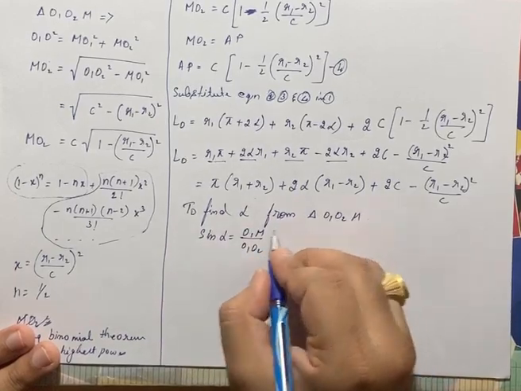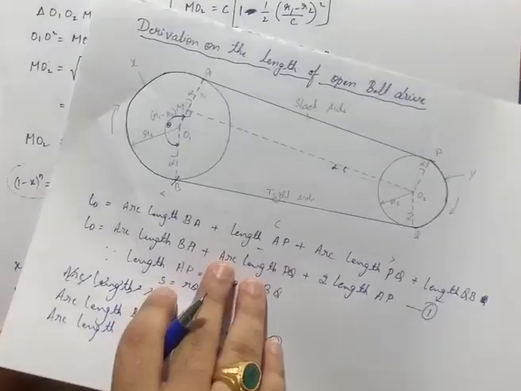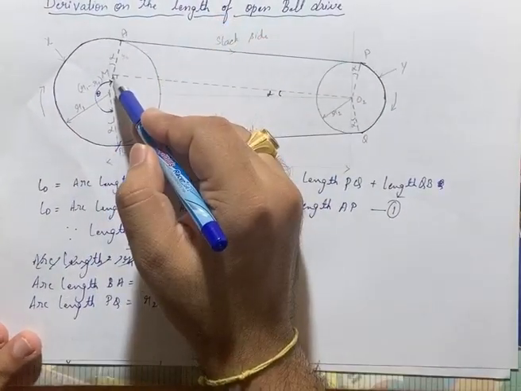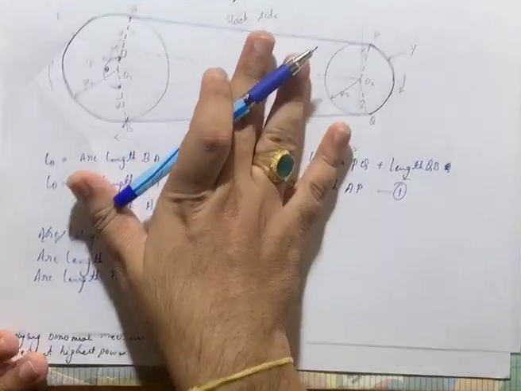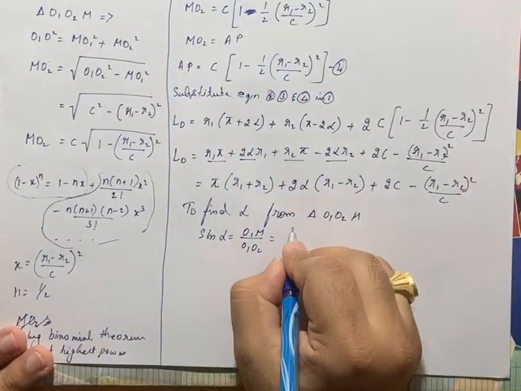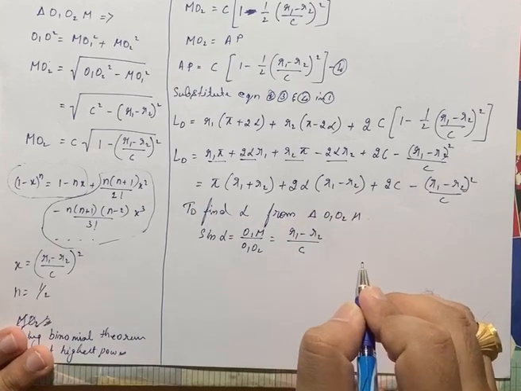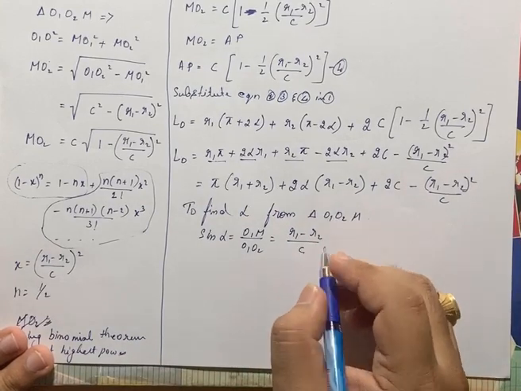What is O1 M? O1 M is the difference between the radii, that is R1 minus R2. O1 O2 is the distance between the centers, that is C, right?